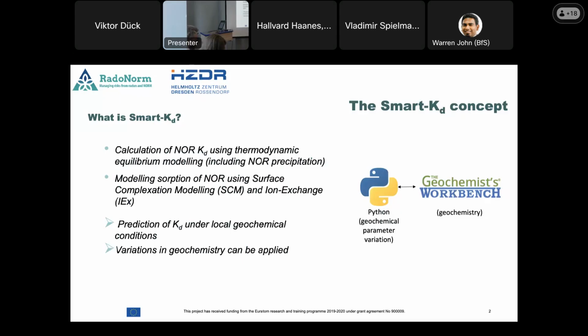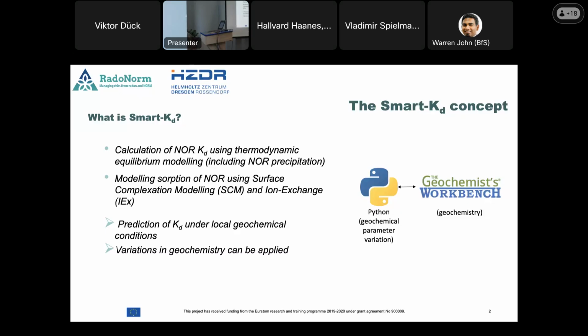Thus, the smart KD values are mainly based on mechanistic surface complexation models and ion exchange. Sorption is described by the component additivity approach, in which the contribution of the sorption of one radionuclide is considered on every single mineral fraction of a sediment, also including relevant competitive effects.